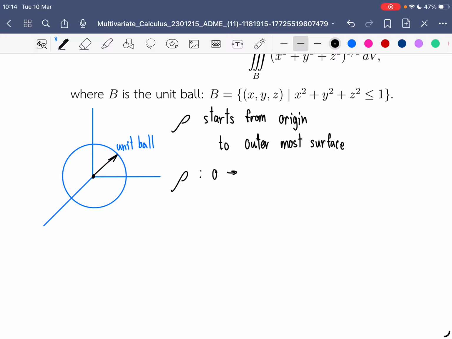The surface is described by x squared plus y squared plus z squared equals 1, because that's the outermost layer. This corresponds to rho squared is 1. So rho is 1.